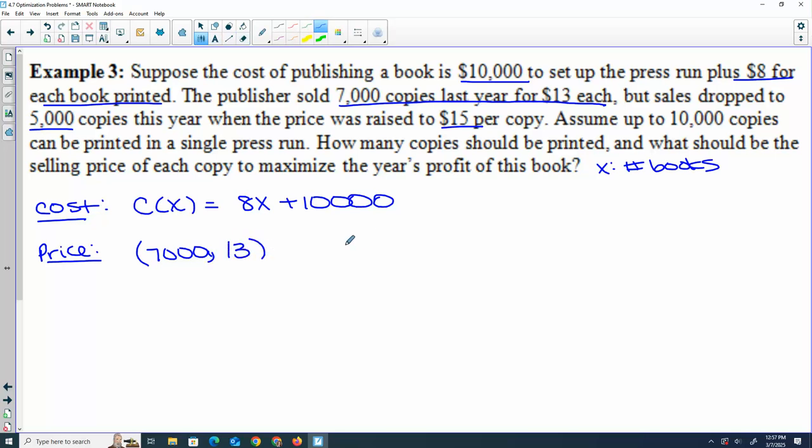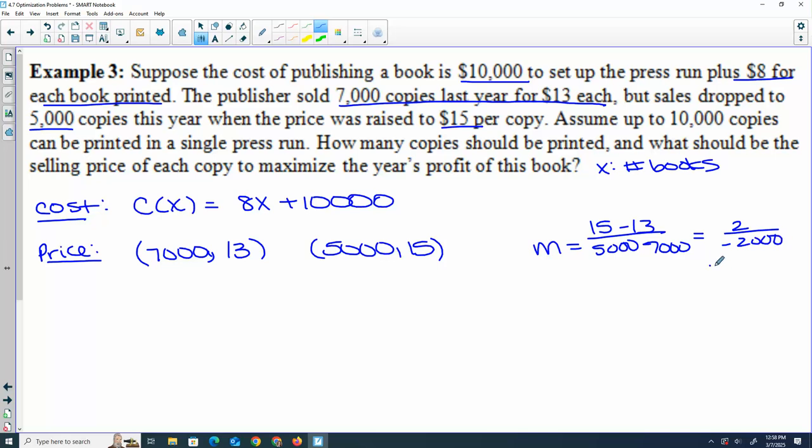And what's the second ordered pair? 5,000, 15. Okay, can we write the price equation from that? Yeah, we need to find our slope. y2 minus y1 over x2 minus x1 gives you 2 over negative 2,000, so negative 1 over 1,000.